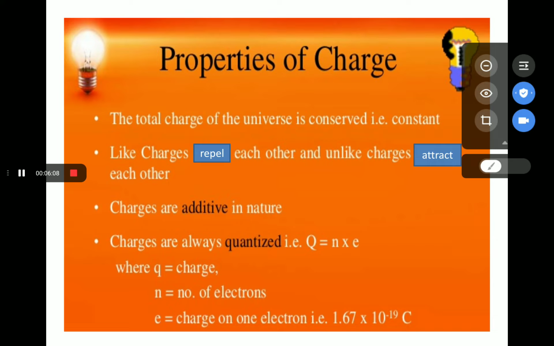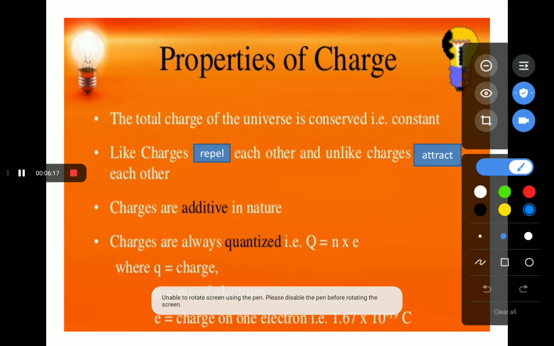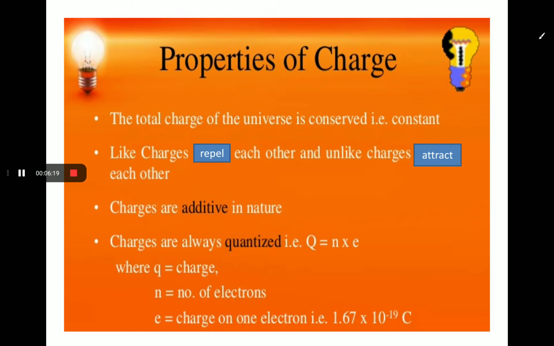Now, the first property is that the total charge of the universe is conserved, that is, constant. So students, charge is a conserved quantity. This simply tells us that charge can neither be created nor destroyed.